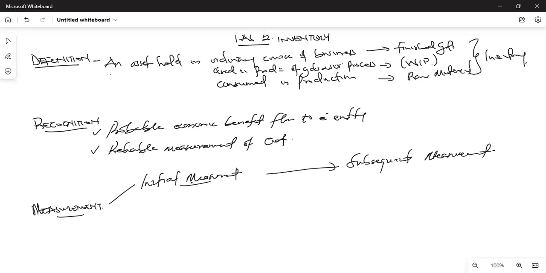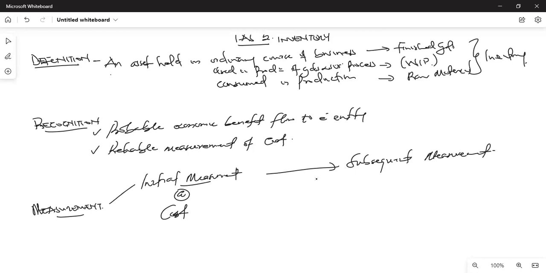All right, initial measurement is always at cost. And by this time, you already know cost. All right, so what we are going to go through and do is to talk about subsequent measurement.